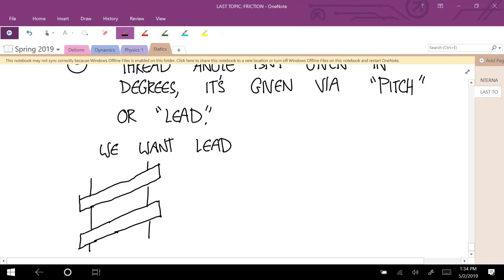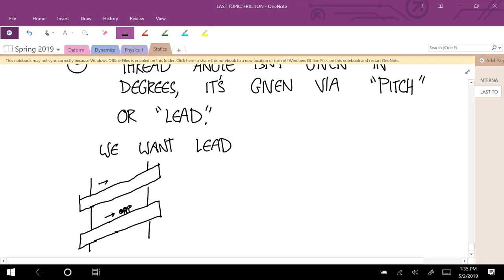So let's say you have a little ant or something that starts walking up this thread. Okay. And he walks this way around the thread. The question is, when he gets back to the same point on the screw, how much higher has he gotten?